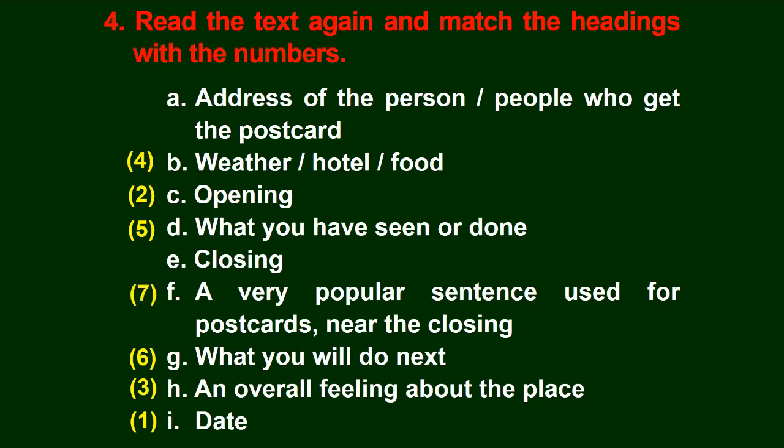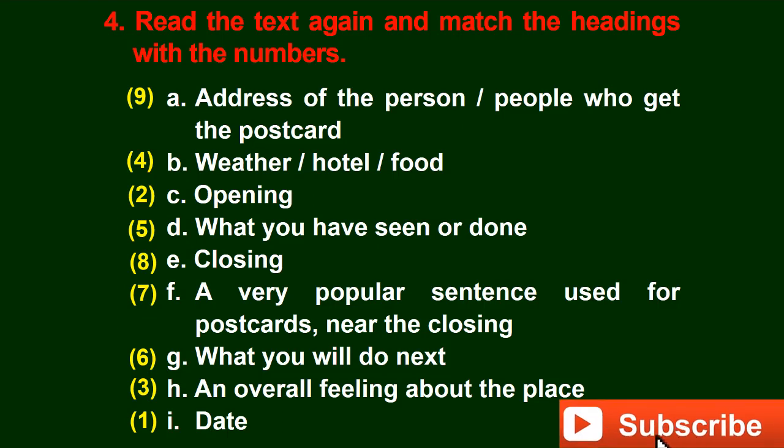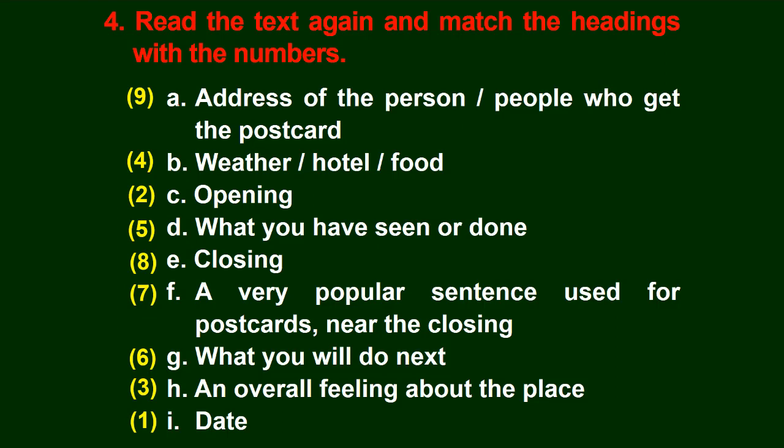And number 7, a very popular sentence used for postcard near the closing. And number 9 is address of the person or people who get the postcard. Okay, these are the answers.